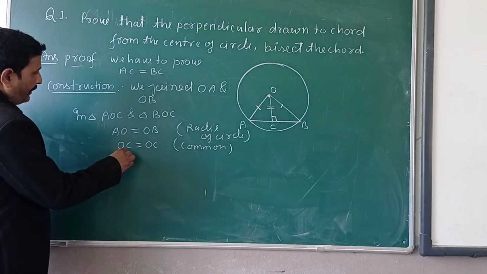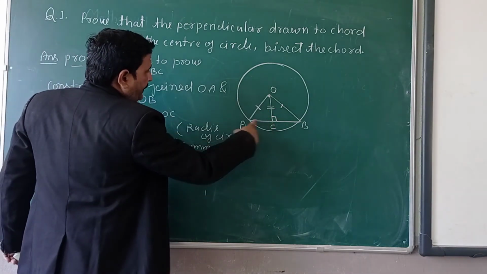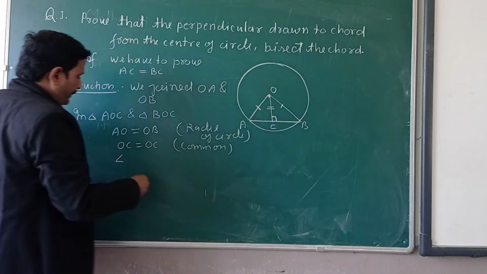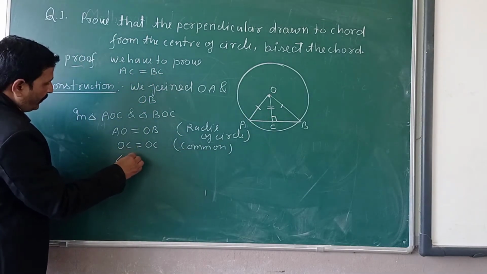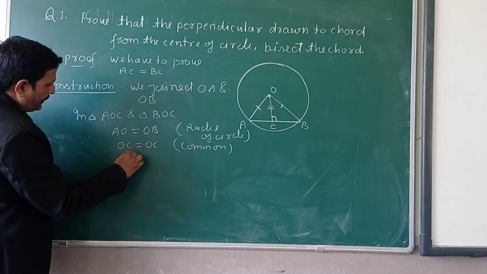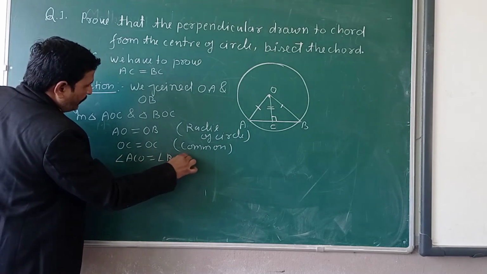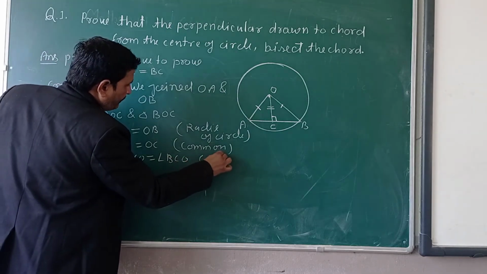And angle OCA is 90 degrees, so this angle will also be 90 degrees. Angle ACO is equal to angle BCO, each 90 degrees.